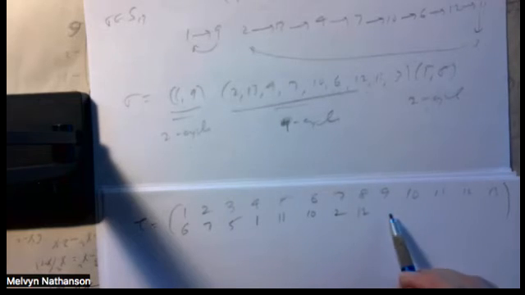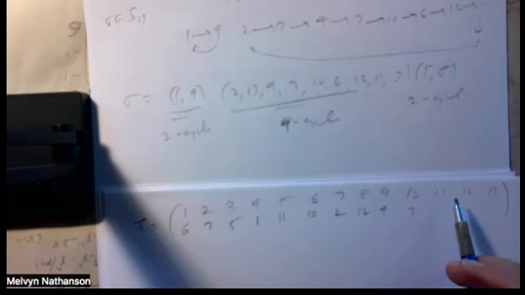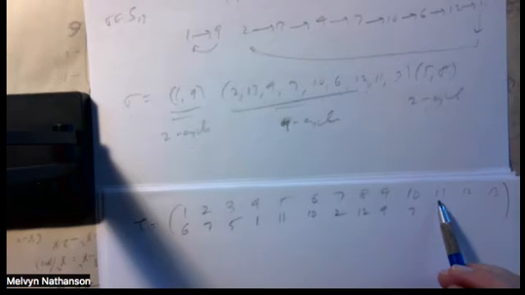I'm just sort of putting numbers down more or less at random. See what's missing. 1, 2, 3, 4, 5, 6, 7, 8.